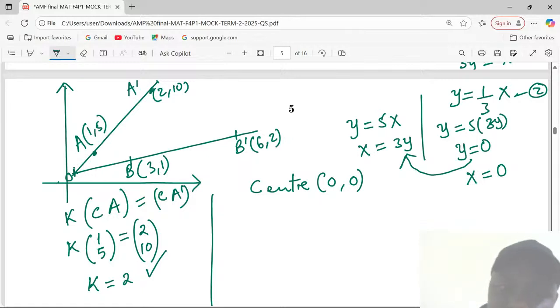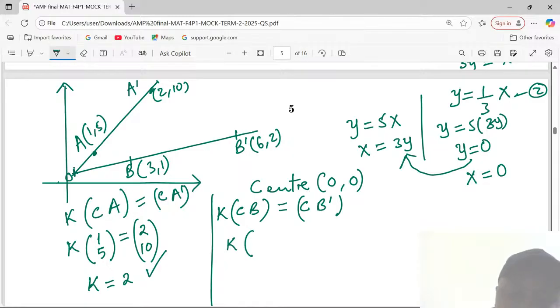From the center, which is 0, 0, to B, it's vector 3, 1, and from center to B prime, 6, 2.